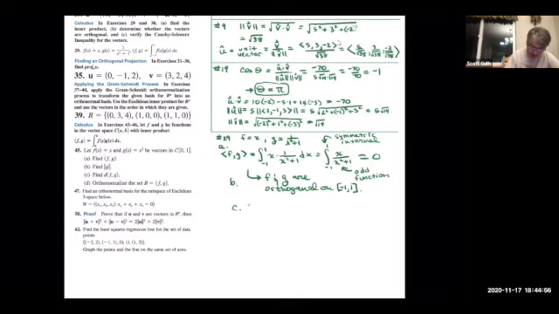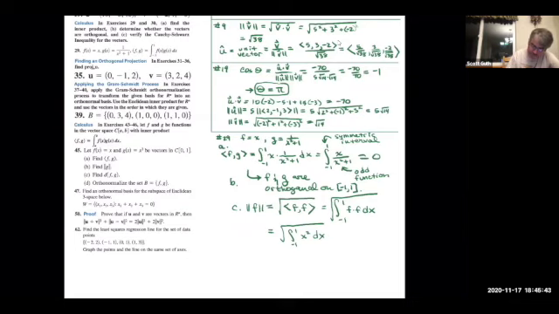So the magnitude of F is just defined as the square root of the inner product of F with itself, which would be the square root of the integral from -1 to 1 of F times F dx. So in the end, you're doing the square root of the integral from -1 to 1 of x squared.